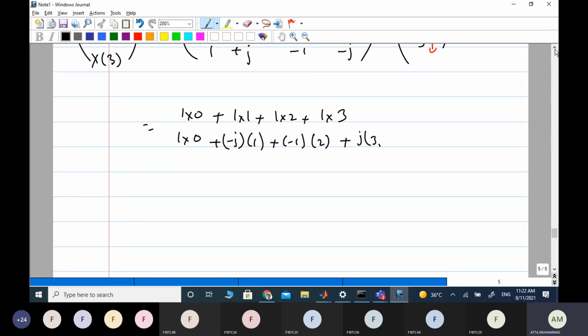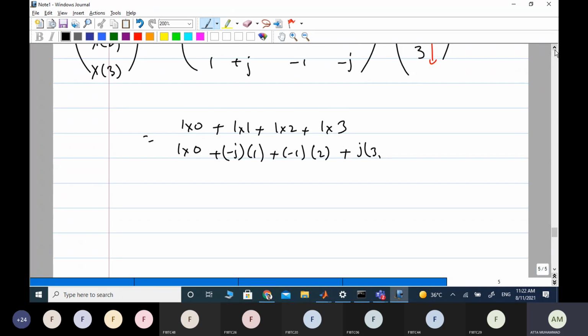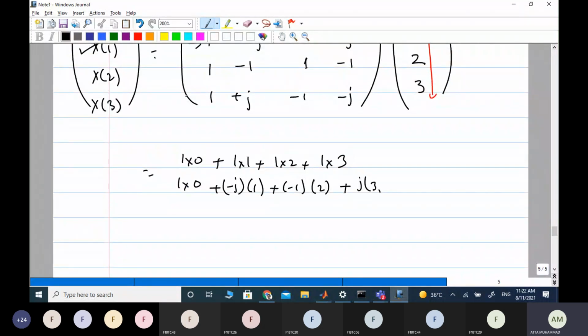Now for the third row, 1 times 0 plus j times 1 plus minus 1 times 2 plus minus j times 3.